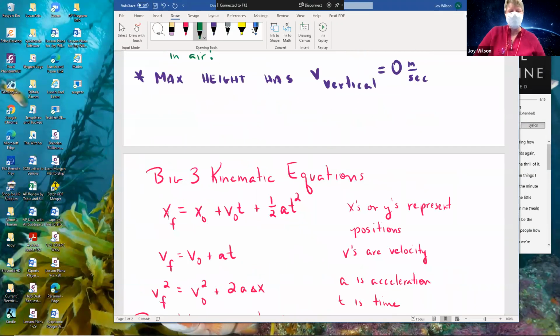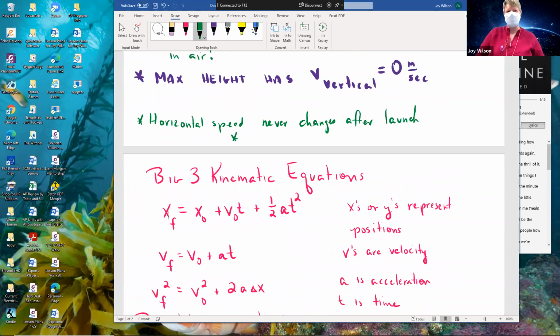Horizontal speed never changes after launch. And why is that true? You have no air resistance.